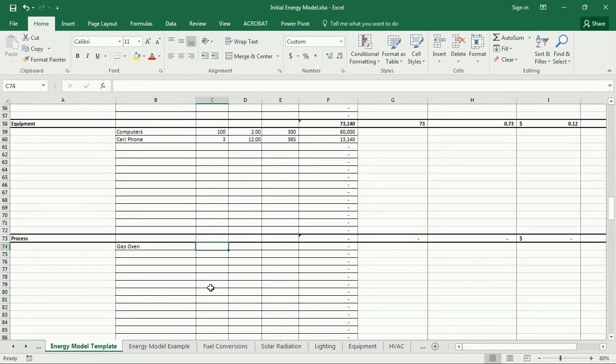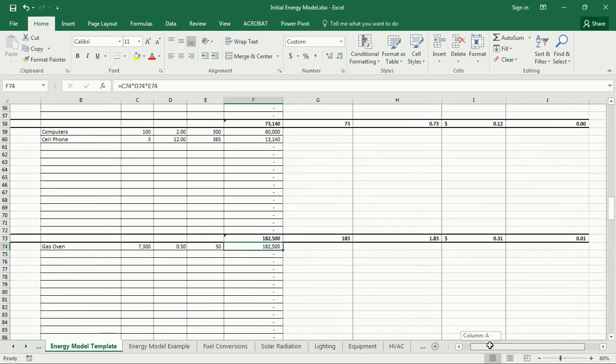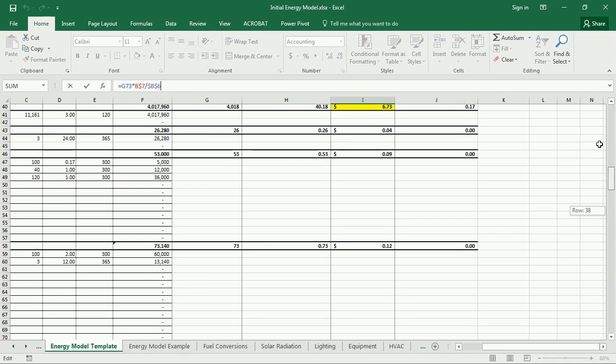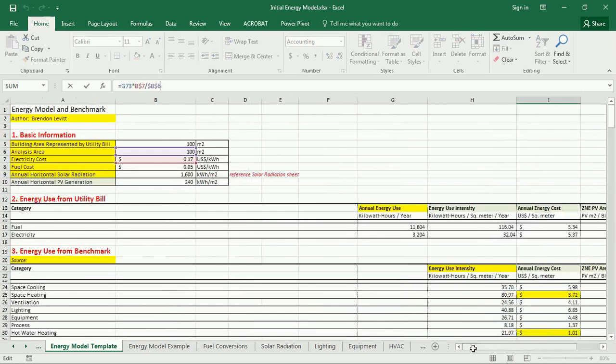And 7,300 watts, and say a half hour probably once a week, maybe. That might be generous for me. I don't cook that often, so that's not that significant a load. However, when we go over here to the cost, we should be careful, because that is currently linked to the cost of electricity, not the cost of fuel.